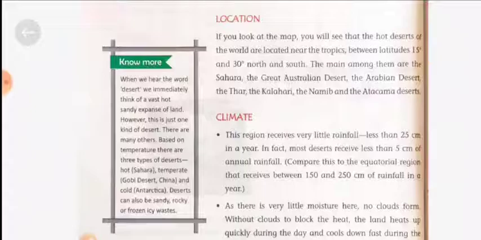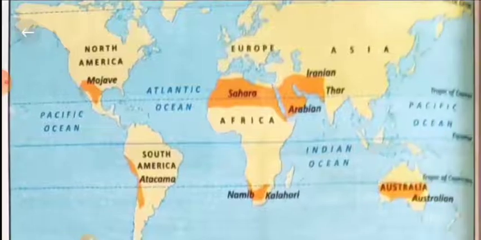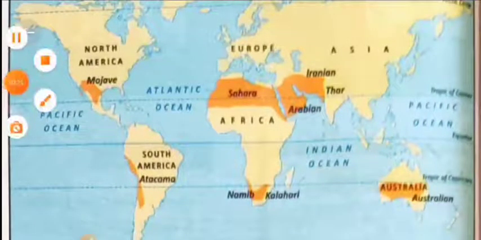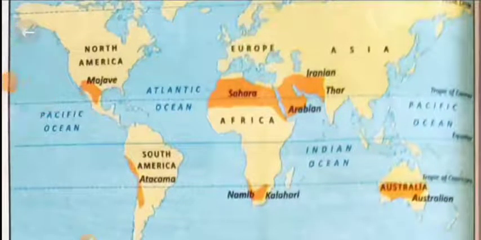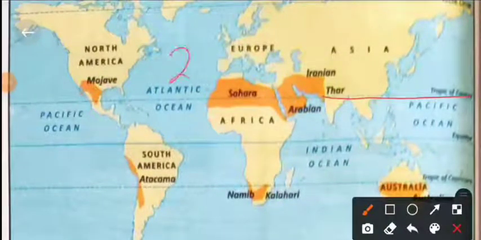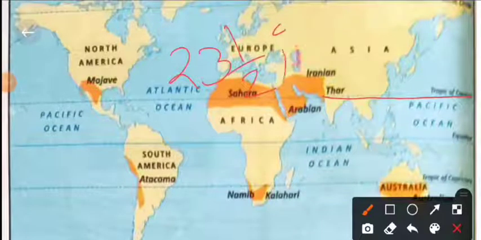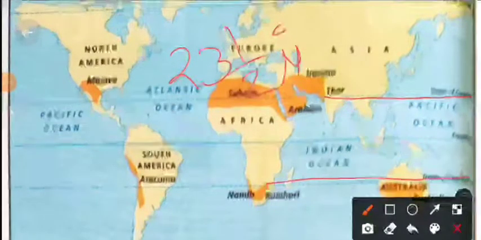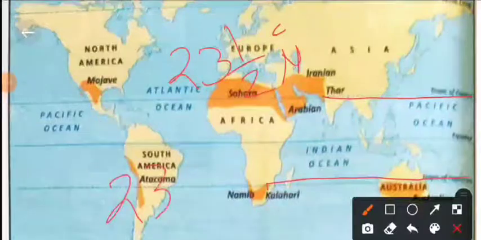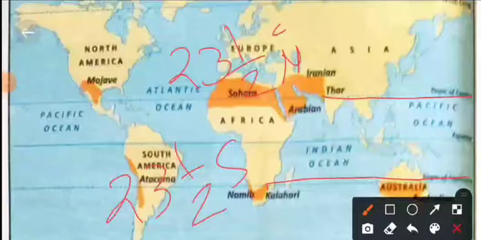The Tropic of Cancer lies at 23.5 degrees north, and the Tropic of Capricorn at 23.5 degrees south.